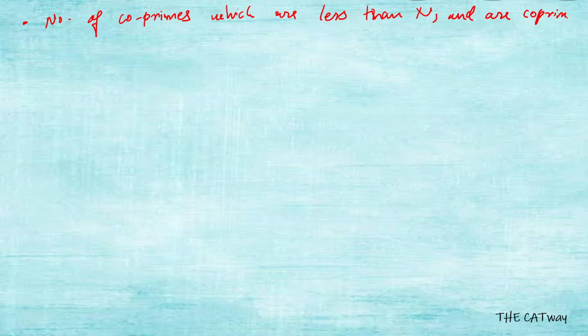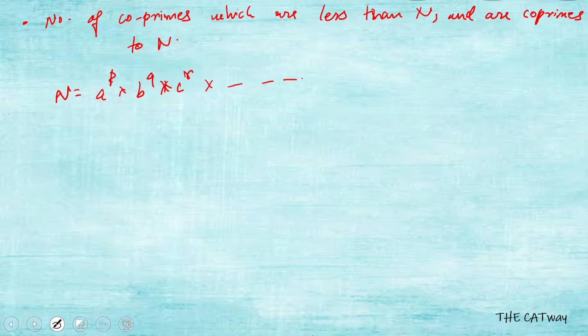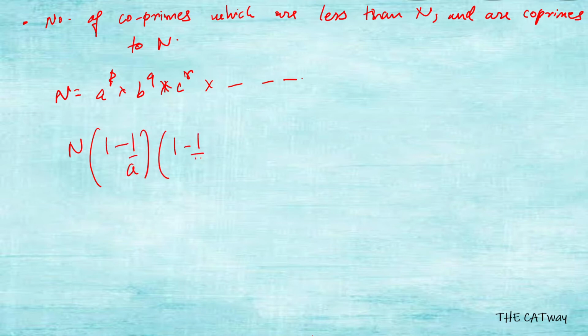Okay, so how many numbers are there which are co-prime to n and which are less than n? You will write n in prime factor form, that is a to the power p into b to the power q into c to the power r and so on. Now the formula applied would be n into 1 minus 1 by a, 1 minus 1 by b, 1 minus 1 by c, and so on. So this is the formula applied.